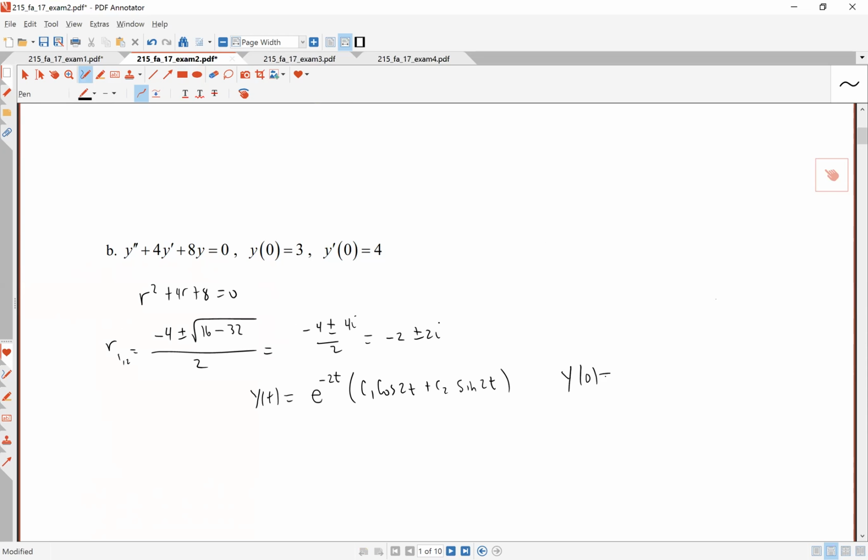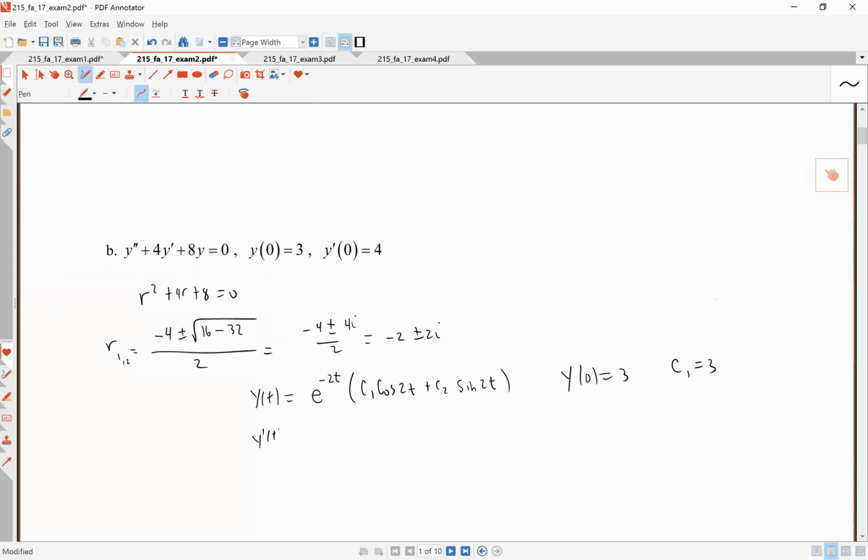Y of 0 is 3, tells us that c1 plus c2 equals 3. Or no, it doesn't. Y of 0 is c1, plus sine of 0 is 0. Tells us that c1 is 3.